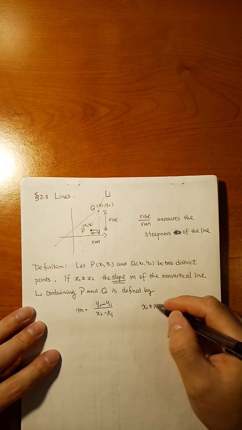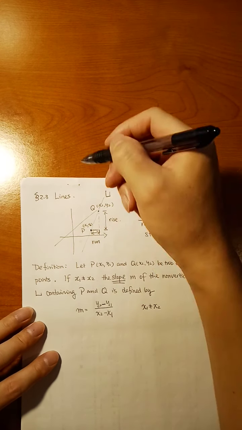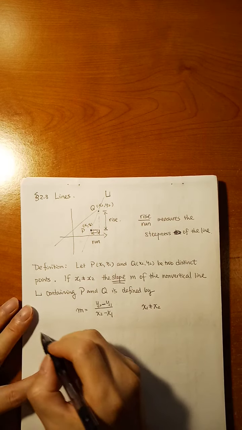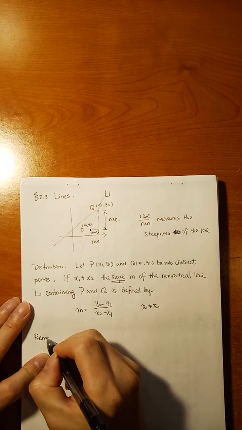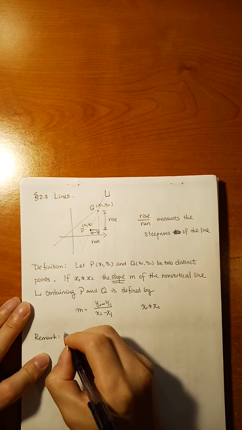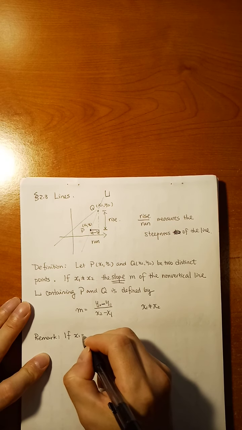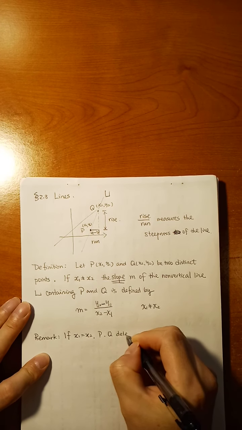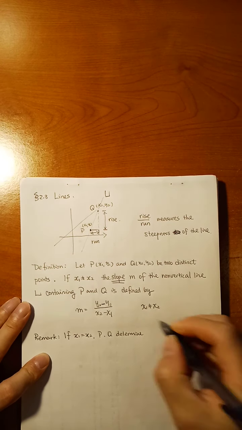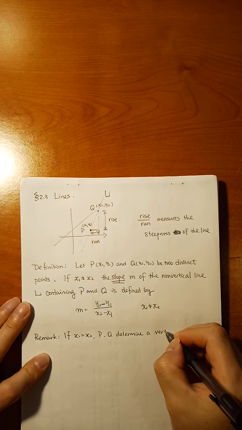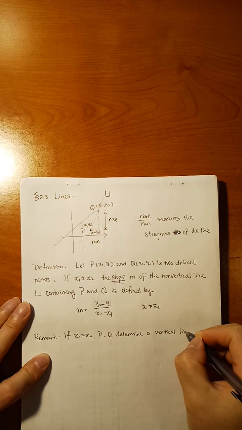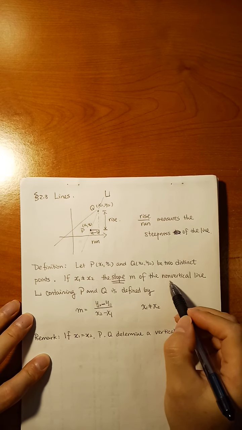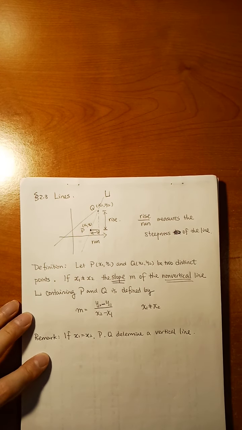When x1 is equal to x2, you determine a vertical line. Here we need a non-vertical line.